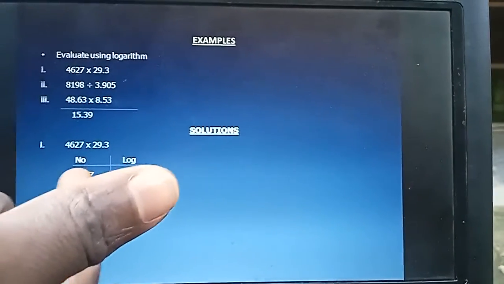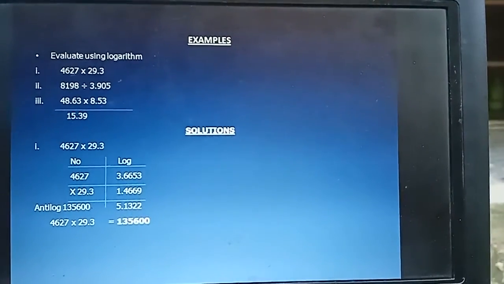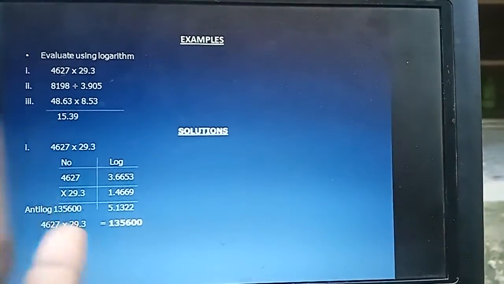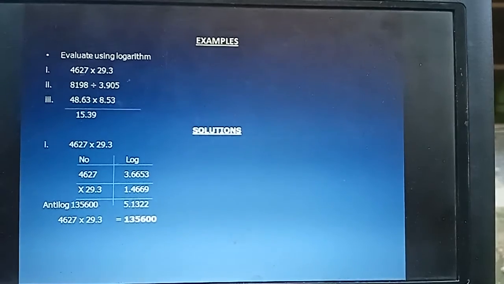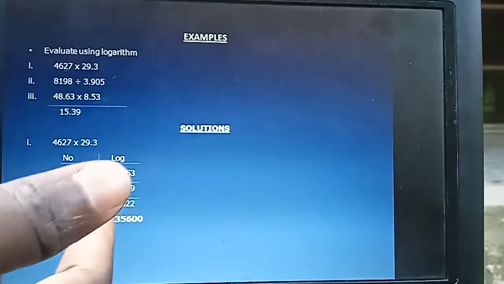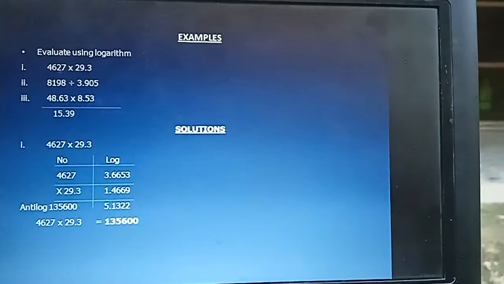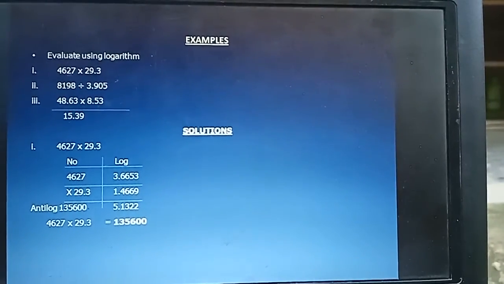Log of 4627 will give you 3.6653, times, then you should put your times here. Log of 29.3 will give you this. Do you get it? Then you should add them. When you add, it will give you 5.1322. Then the antilog, you know what is antilog?